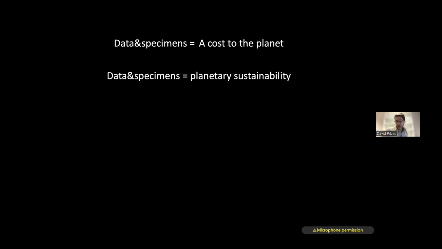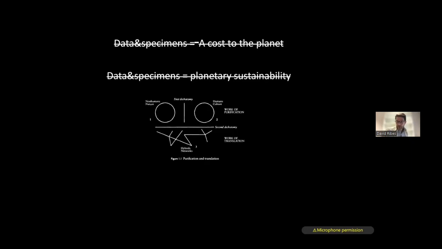Another one that I think I'm going to be reacting to in this talk is sort of the opposite, where data and specimens, the preservation of them, leads directly to planetary sustainability. So I'm reacting to both of these. I'm rejecting both of these across the talk, and I'm doing something messier.